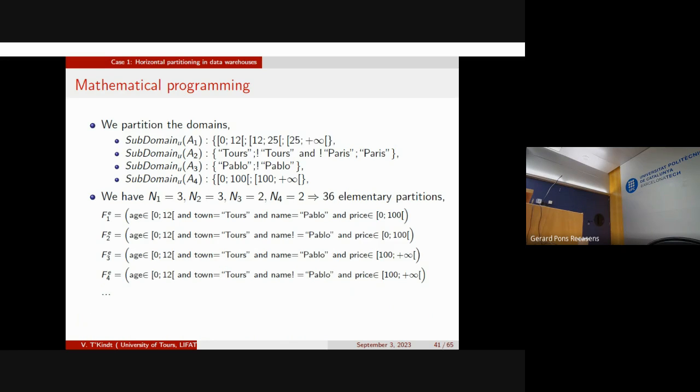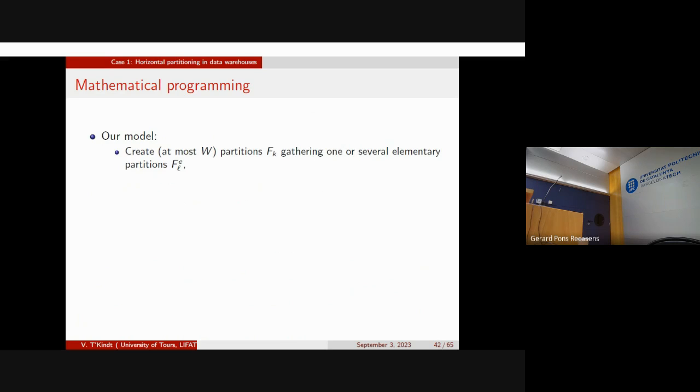And next, for each query Q, for instance Q1, we say Q1 requires reading elementary partitions F1E, F2E, F3E. So we can attach to any query all the elementary partitions that will have to be read. And from that, we build level 1. Our key variables are the following. We have binary variables ULG, equal to 1 if the elementary partition FL is part of the G partition I will create.